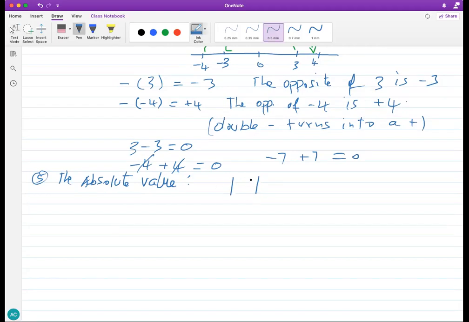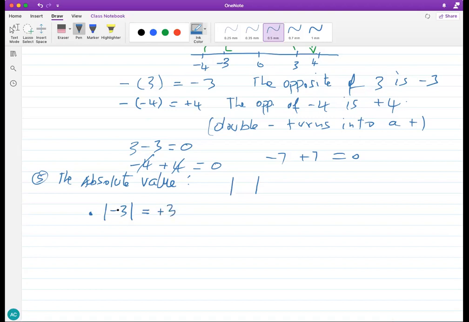So this we read as the absolute value of whatever is inside. For example, something like this. We say the absolute value of -3. Does anybody know what the absolute value of -3 is? What is this equal to? 3. That's right, 3, or we can say +3, same thing.